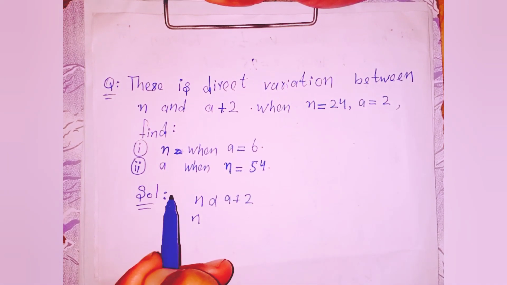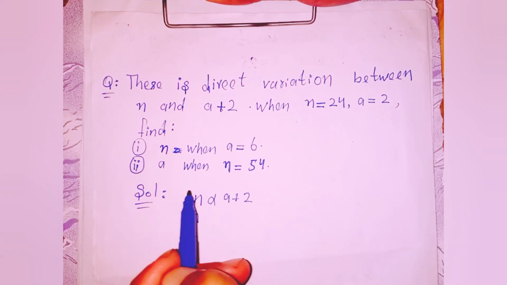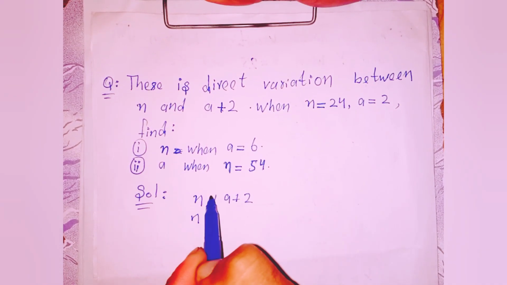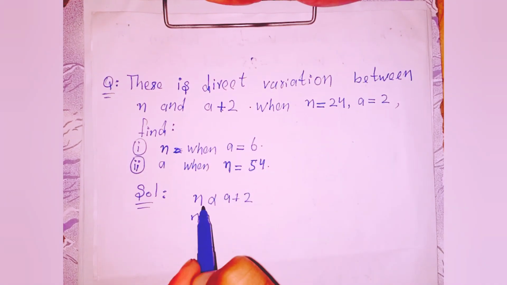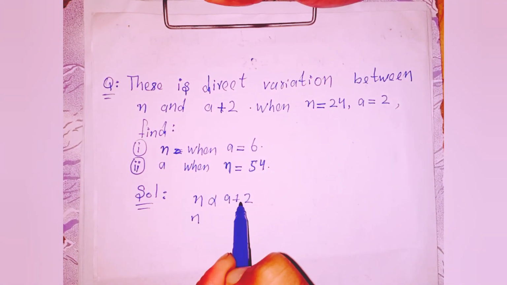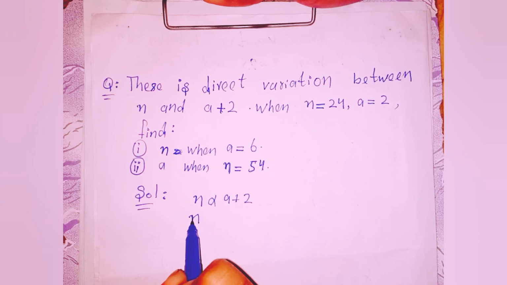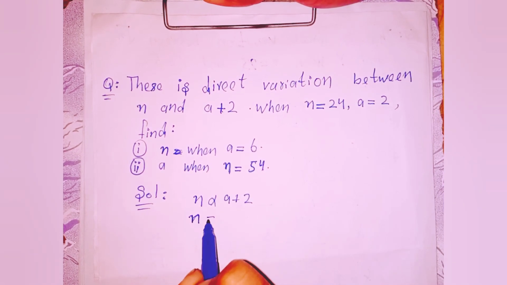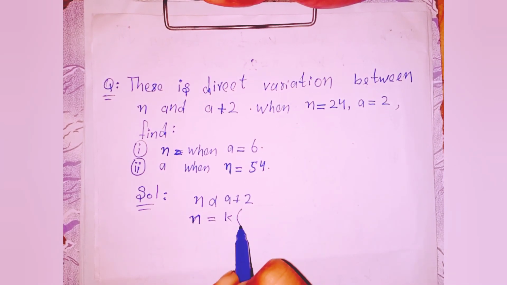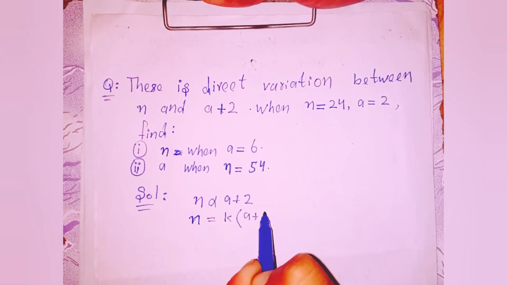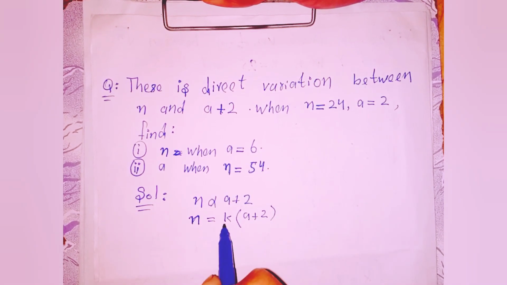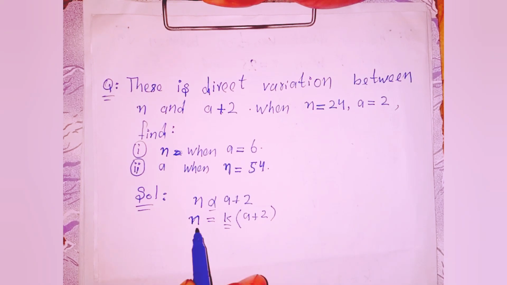So first of all, we have to write the direct relation between n and a plus 2. So n is directly proportional to a plus 2, so we can write n is equal to k into a plus 2, where k is the proportionality constant.